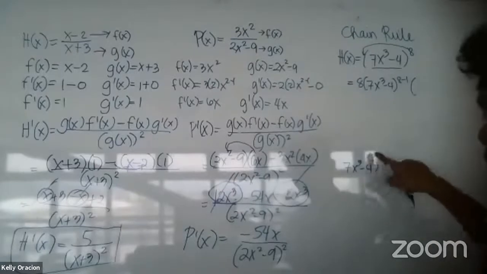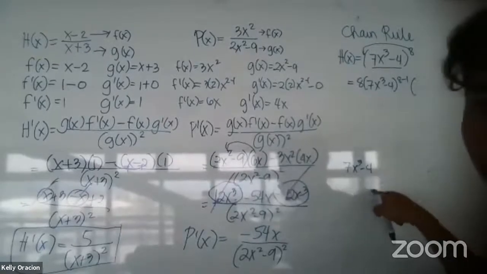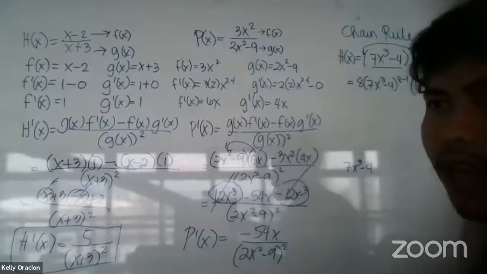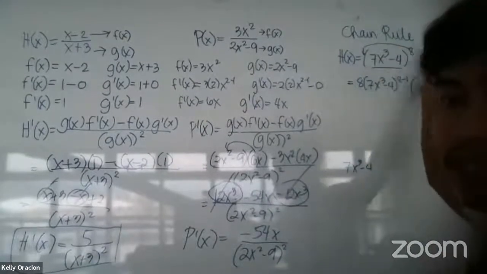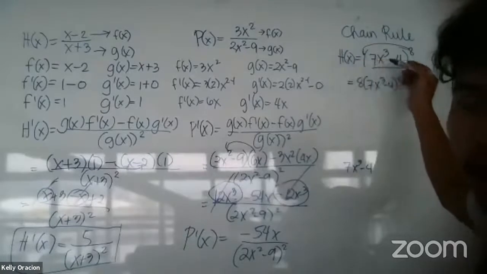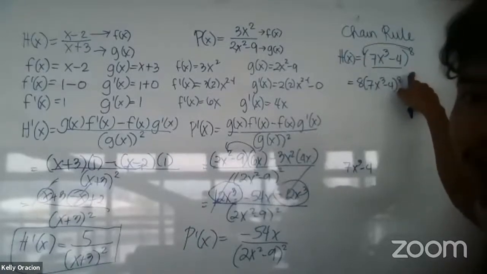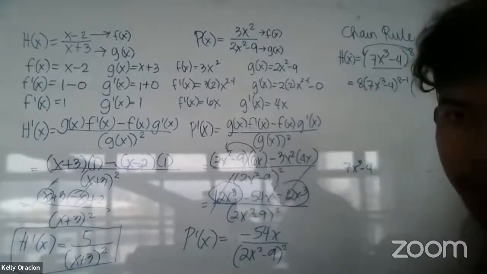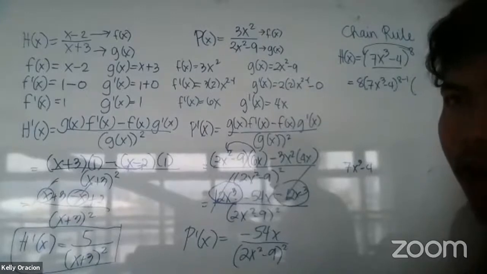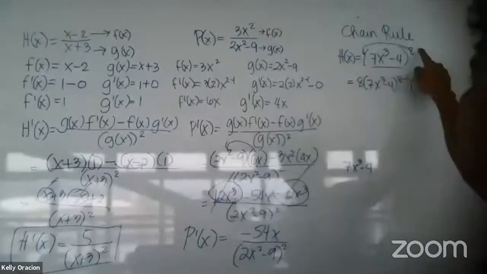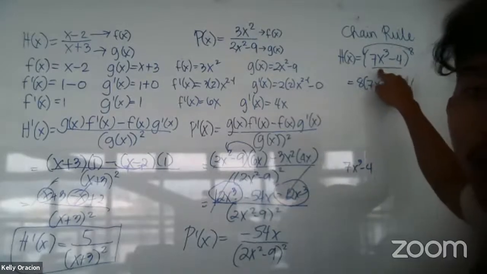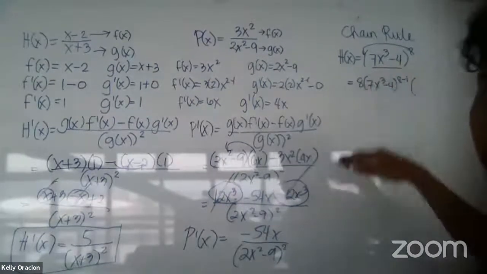That is the rule: first, the derivative of the whole thing with the exponent, then the derivative of what is inside, without the exponent.